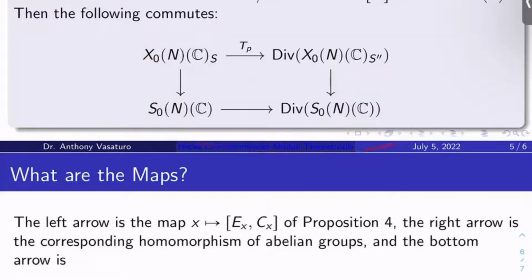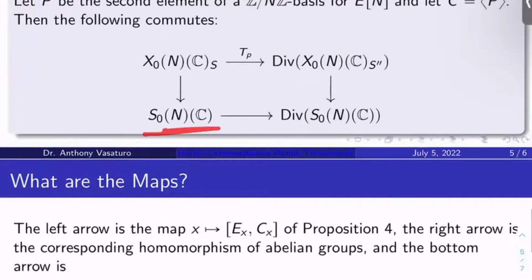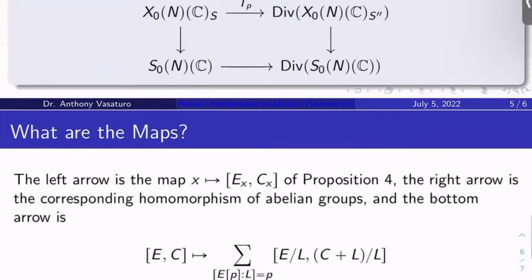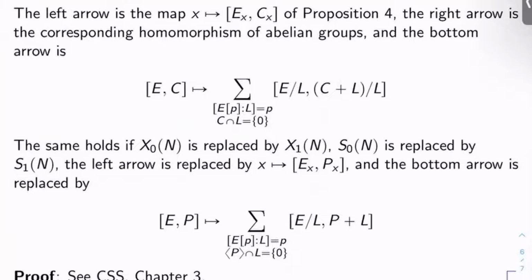Well, it's actually a pretty understandable map. What are elements here? They're complex enhanced elliptic curves over C for gamma sub 0 of N, right? So what's the map? It takes a complex enhanced elliptic curve, E comma C, and it sends it to the following sum. It sends it to the sum over all subgroups of the P torsion of E of order P. They're the same because E sub P has order P squared, right?